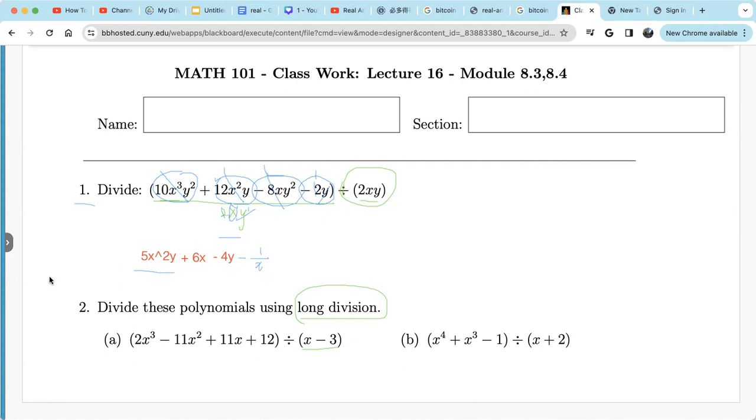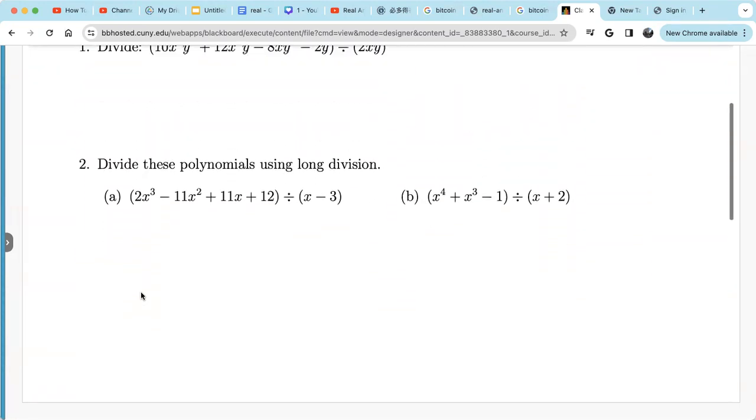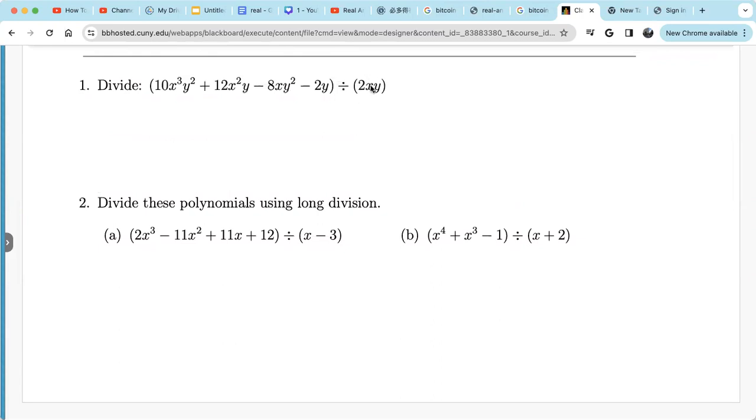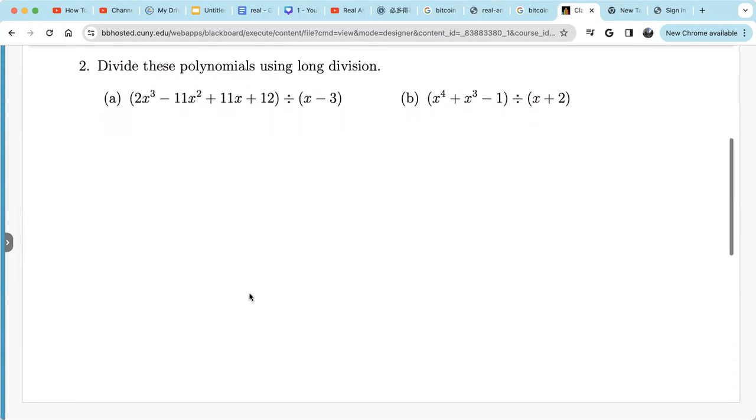Now let's see number 2. The first one we were dividing by a monomial, one term, so the denominator, the divisor, is a monomial. Now for 2, the divisor is a binomial, so we use something called long division.